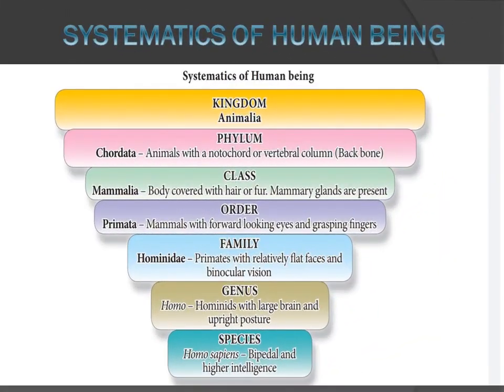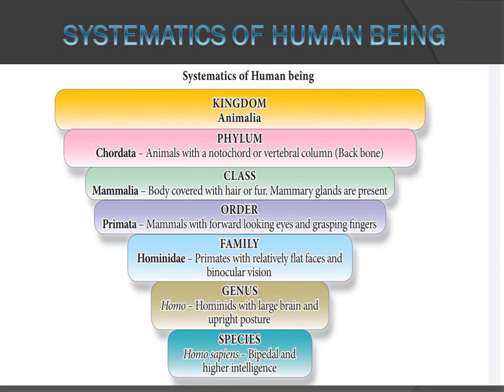Systematics of human beings. So human beings are coming under the kingdom Animalia, right? Because it is one of the animals. And human beings are coming under the phylum Chordata. So why is it termed Chordata?